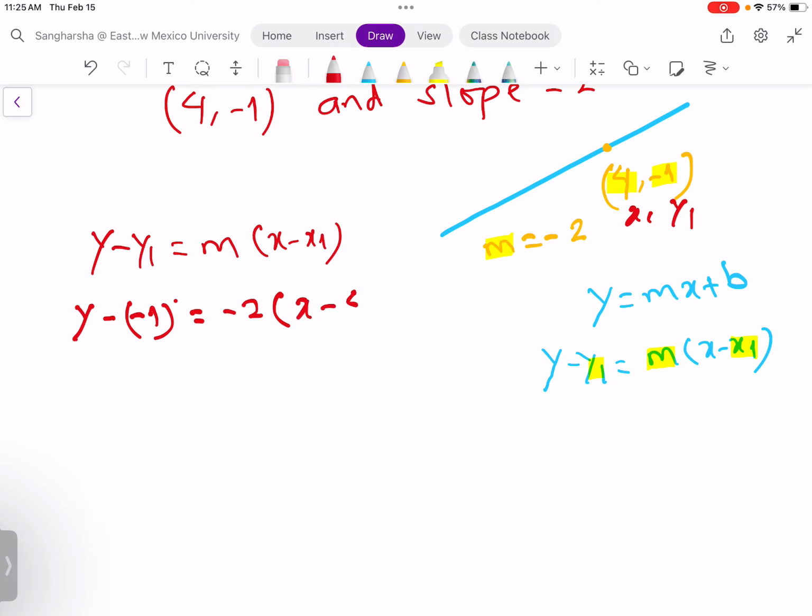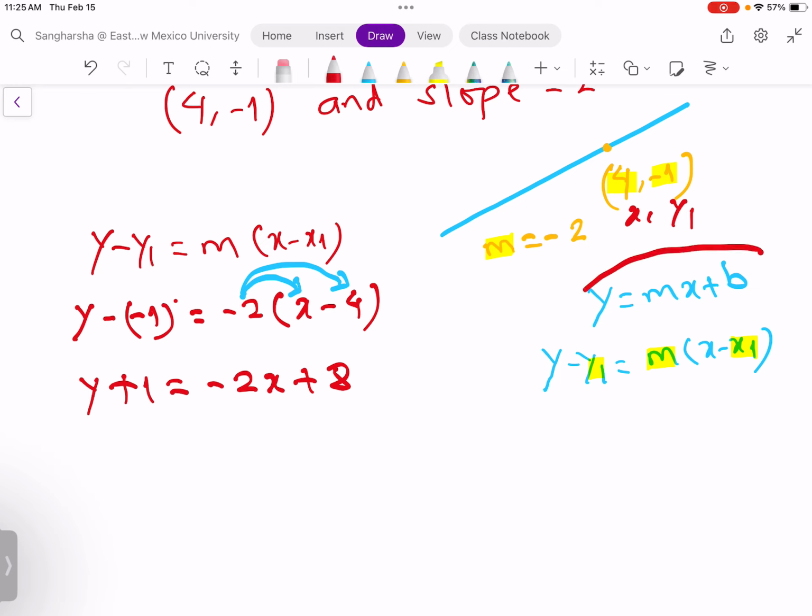Now we simplify. y minus negative 1 is y plus 1, equals, you distribute the negative 2 to the x as well as the negative 4. Negative 2 times x is negative 2x. Negative 2 times negative 4 is positive 8. Your final answer has to be in slope intercept form, that's the instruction given to you, so you are solving for y.